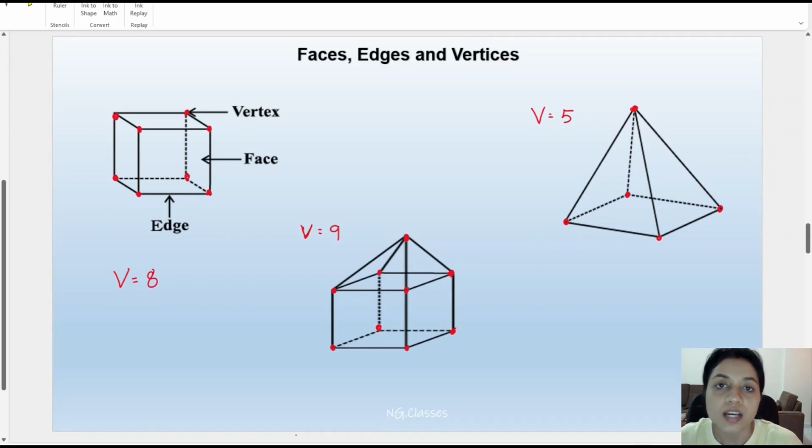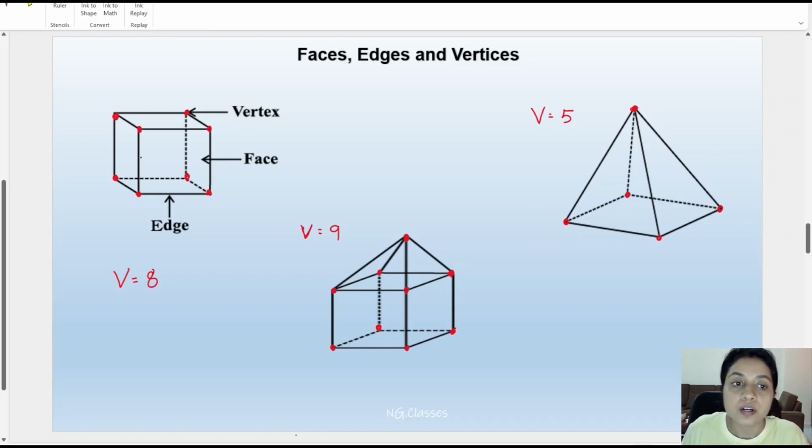Now let's mark the edges of each and every figure. We know an edge is a straight line which connects two faces of the figure. Or we can also say edges are straight lines which connect two vertices of the figure. So let's mark the edges.